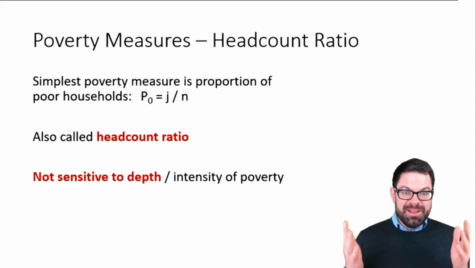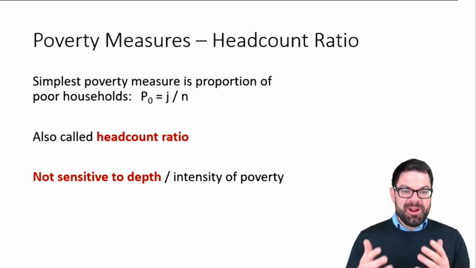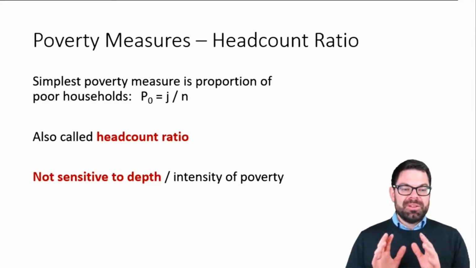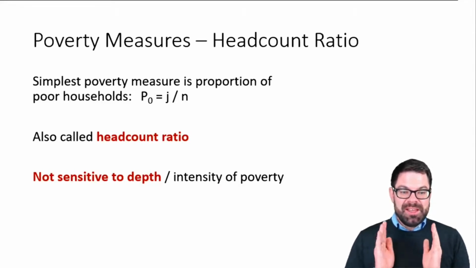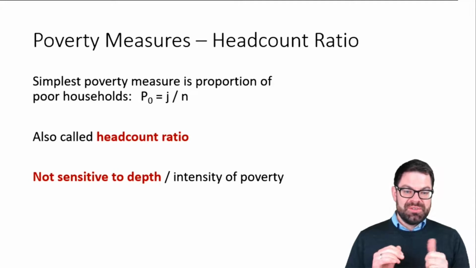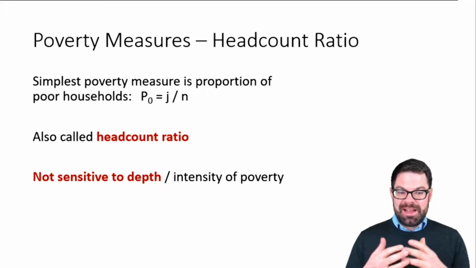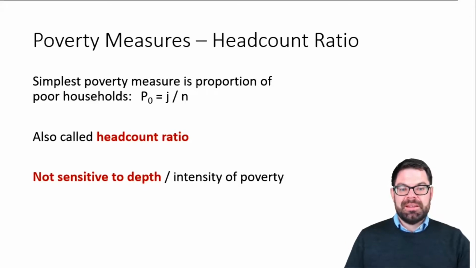That they would really be poor and begging and starving and whatever. The headcount ratio doesn't tell you anything about that. It just tells you for every person, a 0 or 1: is the person below or above that line? And if they're below, they're counted in that share. That is then the headcount ratio.